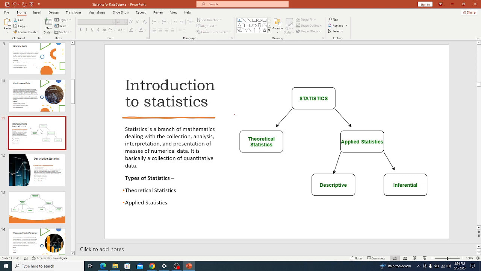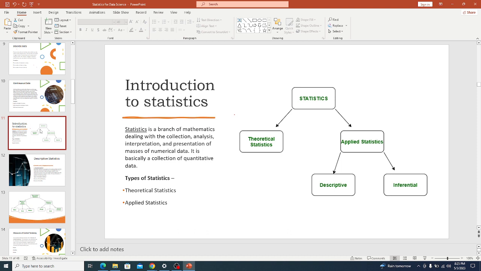Okay, yes. So majorly in this statistics class, we are going to focus more on applied statistics. And under applied statistics, it's further divided into subcategories, that is descriptive and inferential.